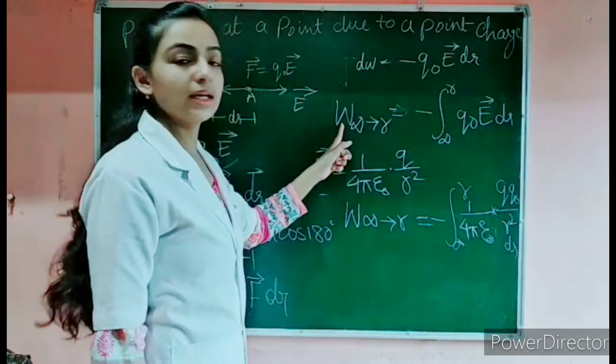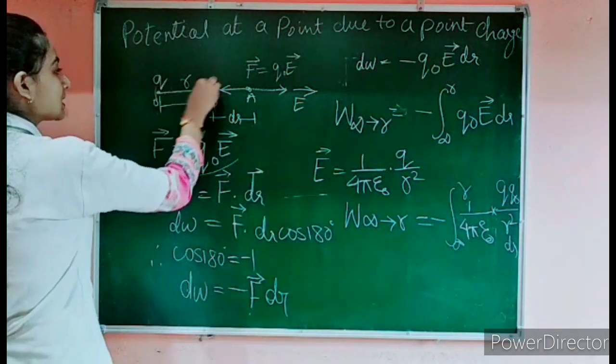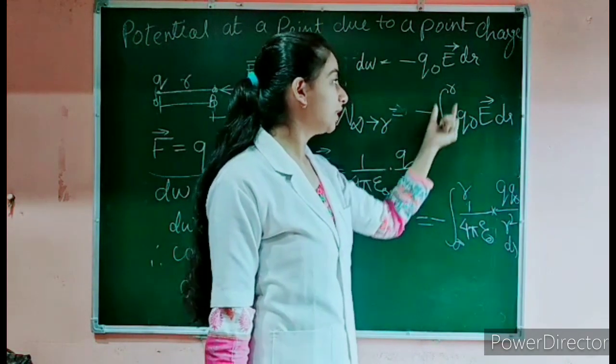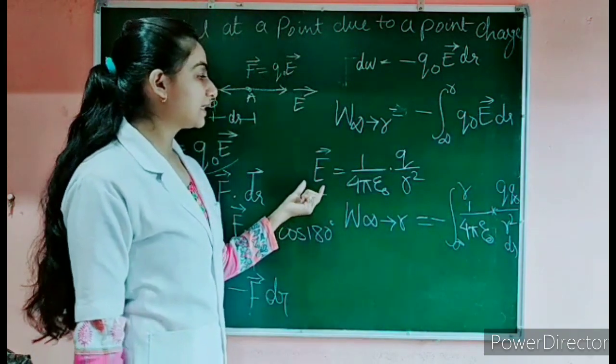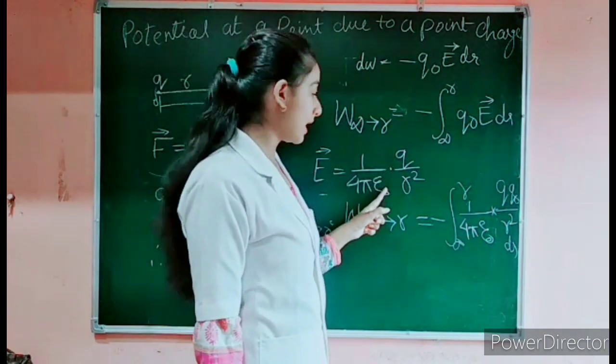Work done in bringing a charge from infinity to distance r, this is our distance r. So by putting the limits from infinity to r, q0 E dr. Now the intensity will be 1 upon 4 pi epsilon 0 into Q upon r square.